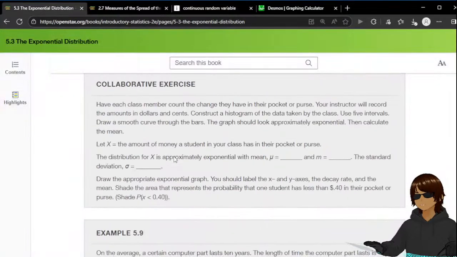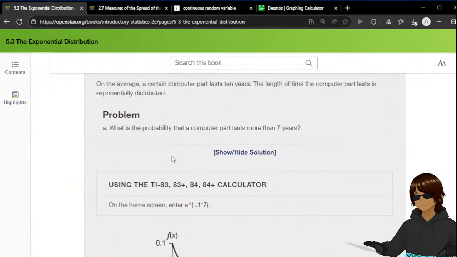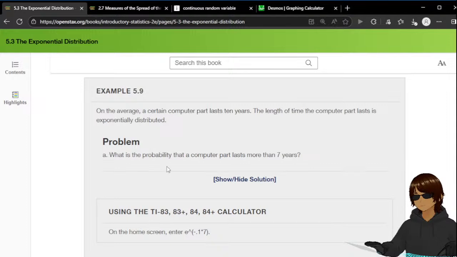So what are we trying to find? What is the probability that a computer part lasts more than 7 years?